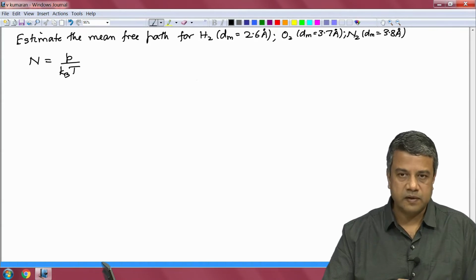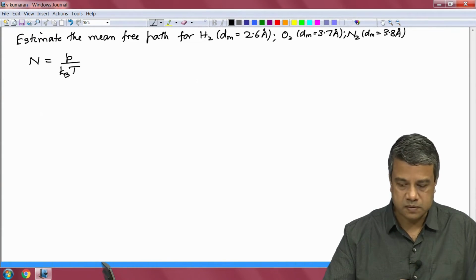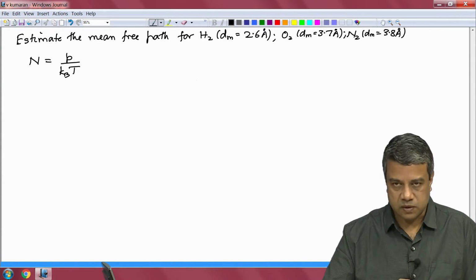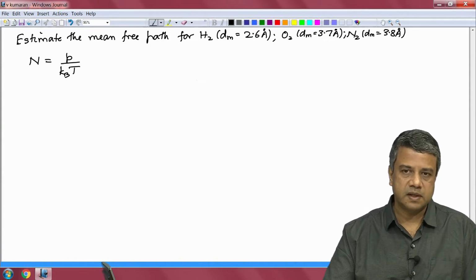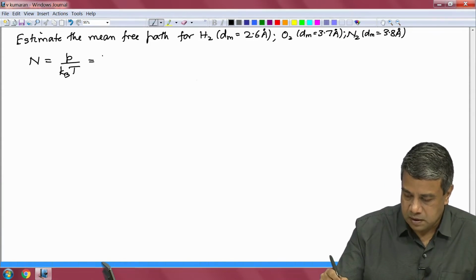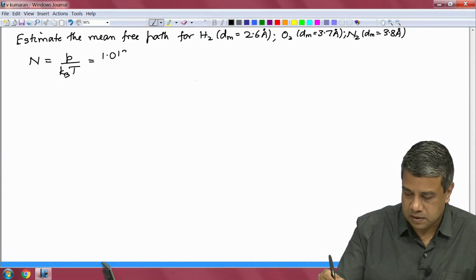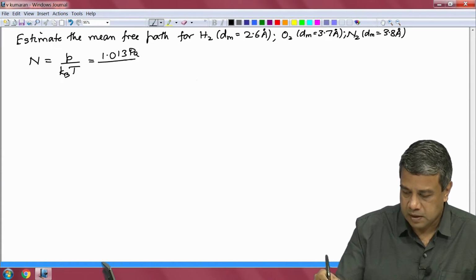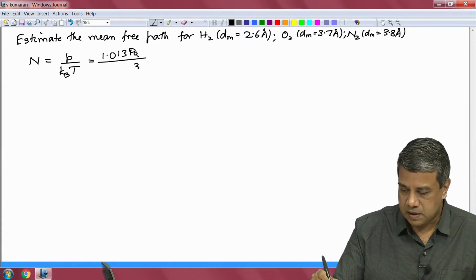Since for the mean free path we require the number of molecules per unit volume, we have to use the Boltzmann constant here. Let us estimate it at standard temperature and pressure. Pressure is approximately 1 atmosphere, 1.013 times 10 power 5 Pascal. Temperature, I will take it as 300 Kelvin.